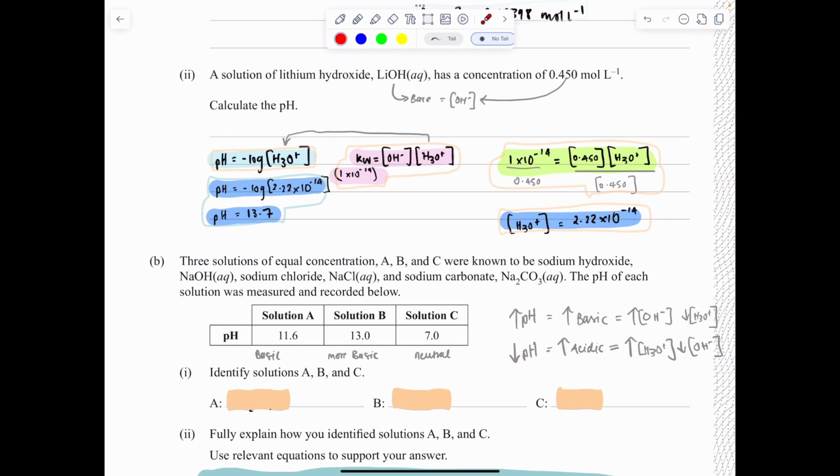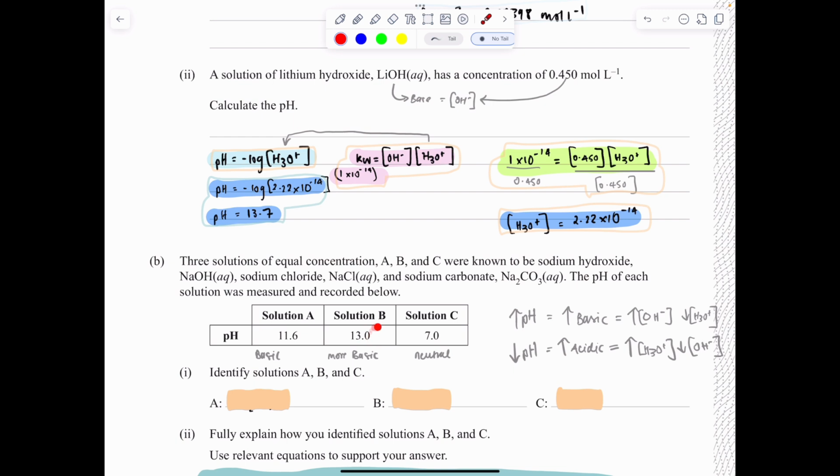Okie dokie. 3 solutions of equal concentration, A, B, C, were known to be sodium hydroxide, sodium chloride, and sodium carbonate. The pH of each solution was measured and recorded below. So, solution A, 11.6, solution B, 13.0, solution C, 7.0. Which one is which? Well, we've got a clue here.